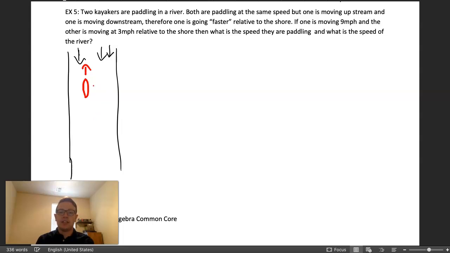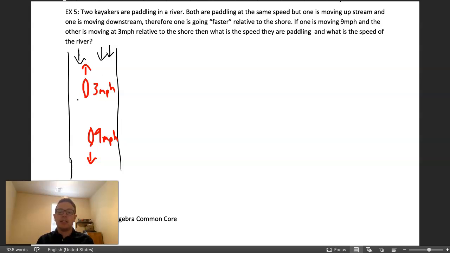And how fast are they going? Well, they're going against it, so it'll probably be slower. I think we're safe to say that this will be 3 miles per hour. Meanwhile, we have the smarter kayaker. They've decided to just go with the river, so they're flowing with the river, and they're moving 9 miles per hour. And this gives us an indication of what we have to do.